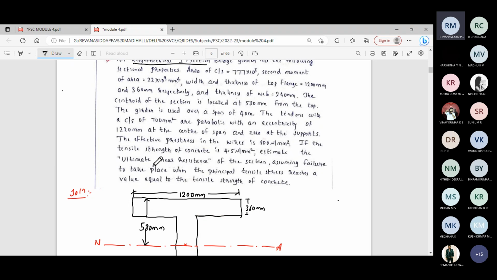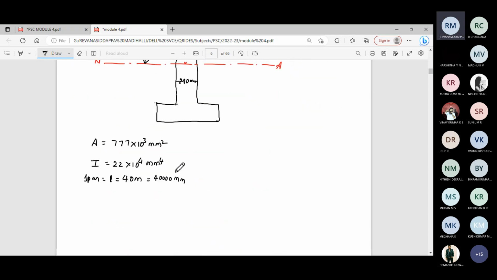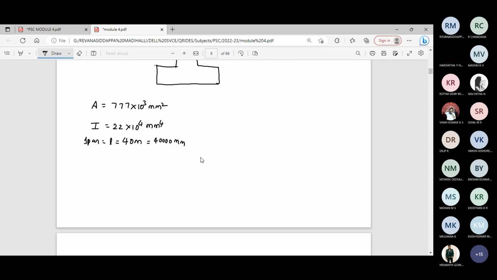The tendons have a cross section of 700 mm square. The cross section of the pre-stressing wire is given. Area of tendons is given as 700 mm square.